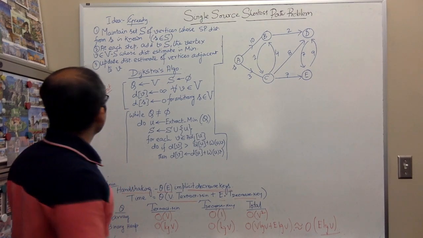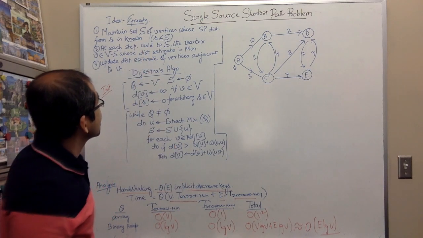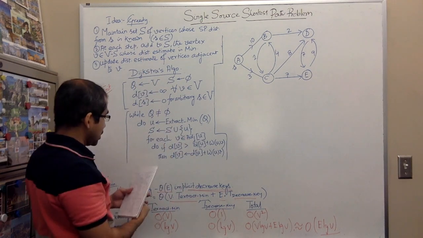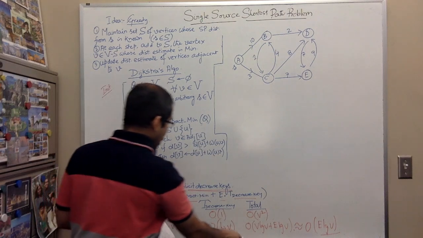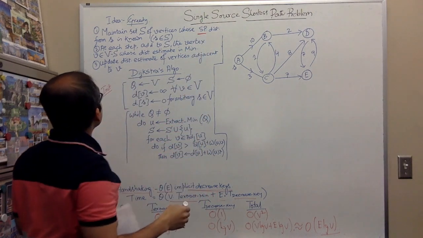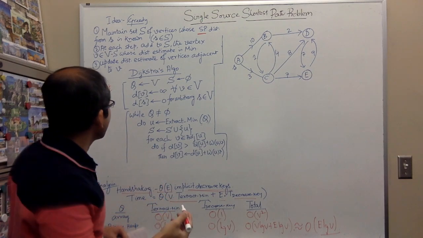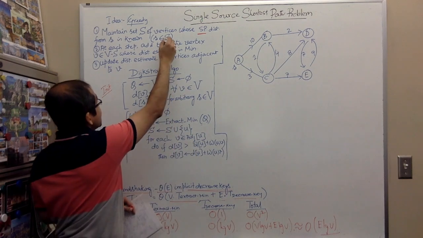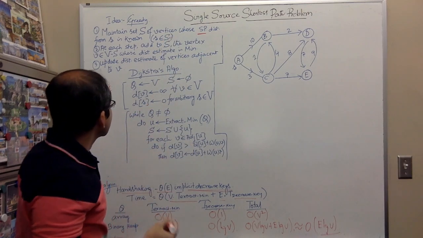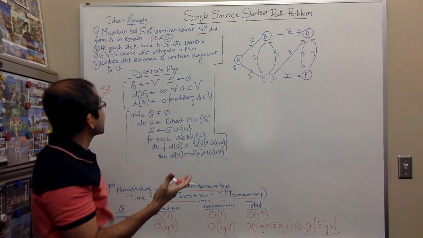And you will find what we do here, we maintain a set S of vertices whose shortest path distance from s is known. Small s is a vertex belonging to the set capital S, and we are saying the shortest path distance estimate of small s is already known.